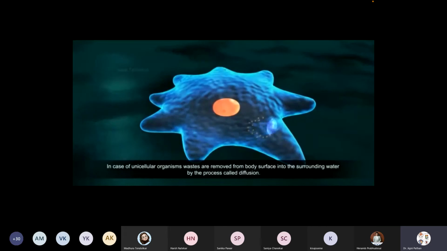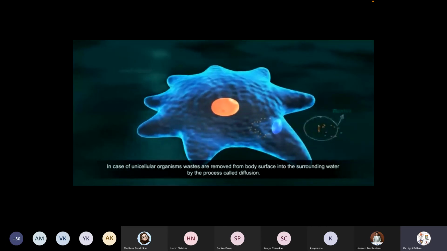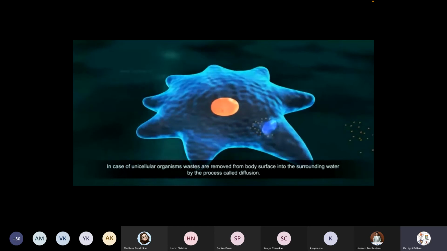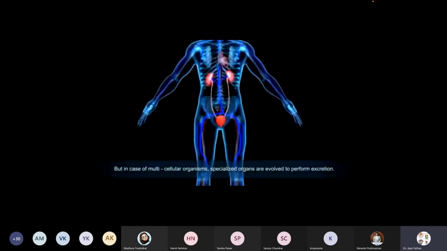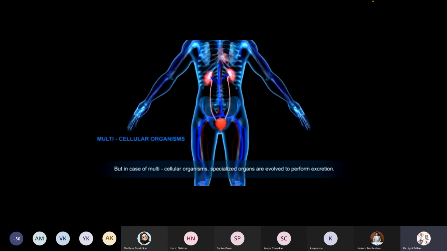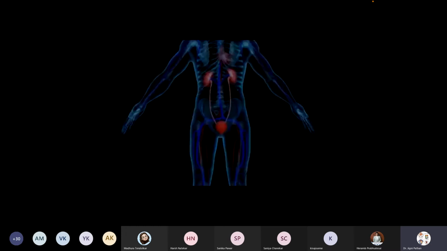In case of unicellular organisms, wastes are removed from body surface into the surrounding water by the process called diffusion. But in case of multicellular organisms, specialized organs are evolved to perform excretion.